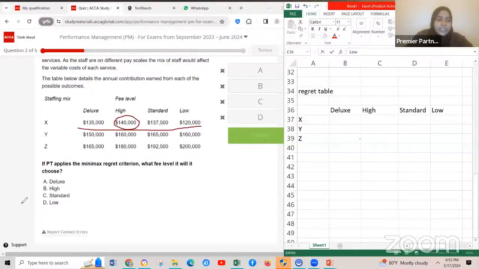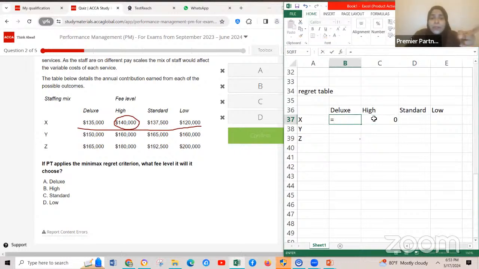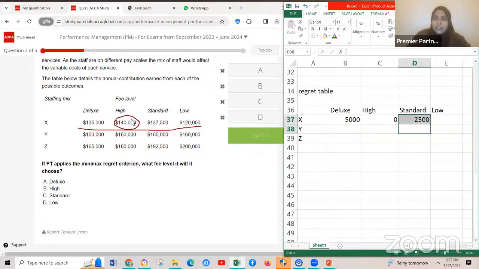So if it was X and if you had got a high fee, there's zero regret. But if it was X and you had deluxe, you have to compare everything with the best now, right? So 140 minus 135, difference, you're regretting 5,000. Here 140 minus 137,500. Here 140 minus 120.